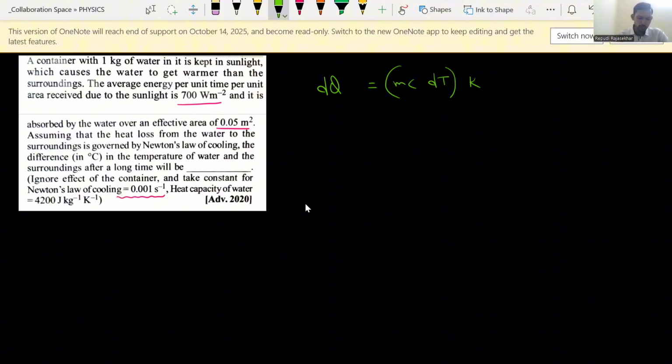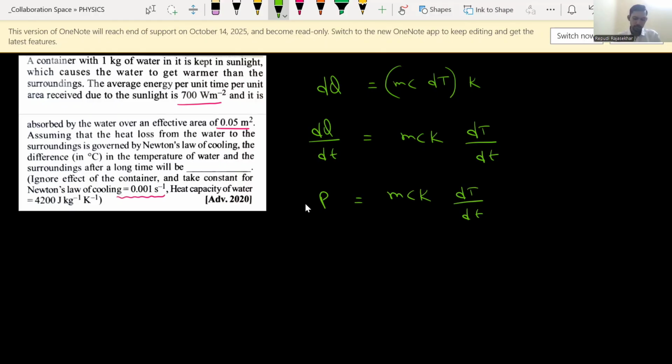Here again, dq, we need to write in terms of power. So differentiate both the sides. So dq by dt equals mck, where mck is a constant, and this is dT divided by dt, the change of temperature with respect to time. dq by dt means nothing but power. Power equals m into c into k into dT by dt.